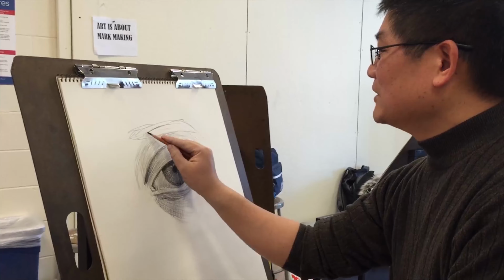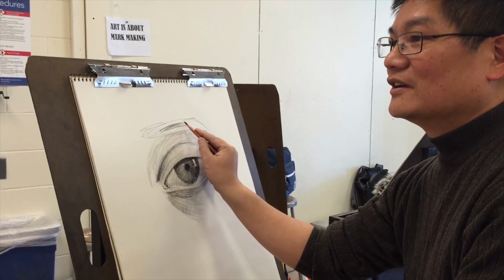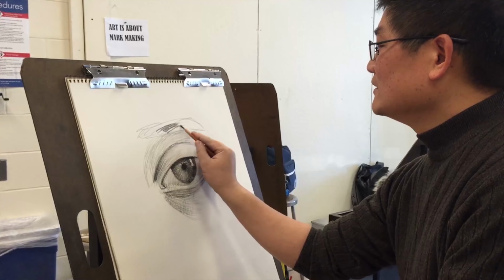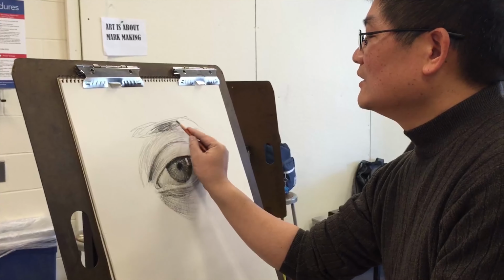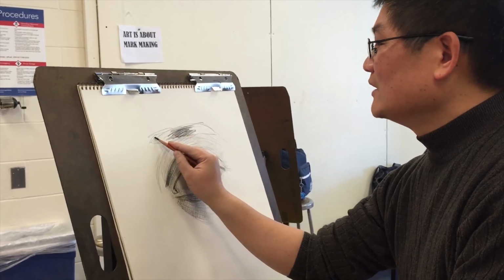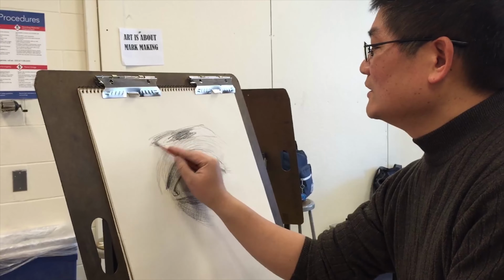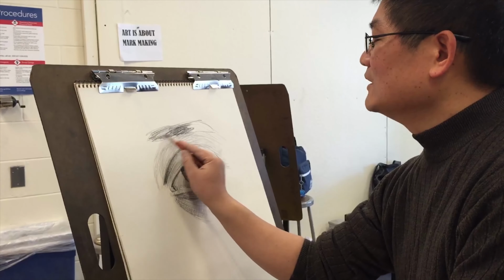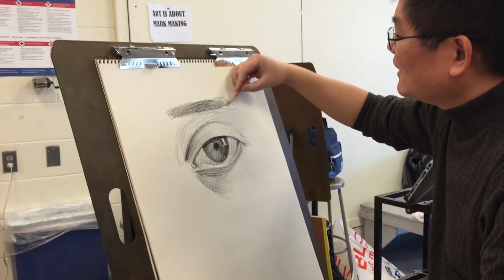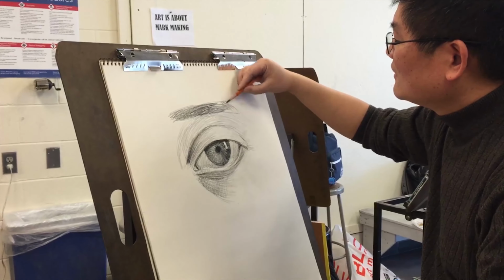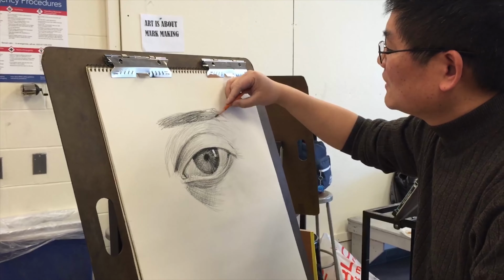And you know the eyebrows, you see all the little tiny hair on the eyebrows, going this way. A little lighter at the left end. On this side, you can see the hair this way.